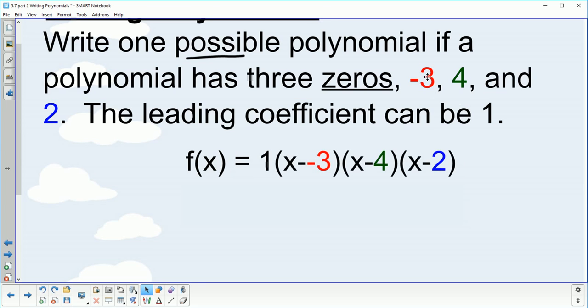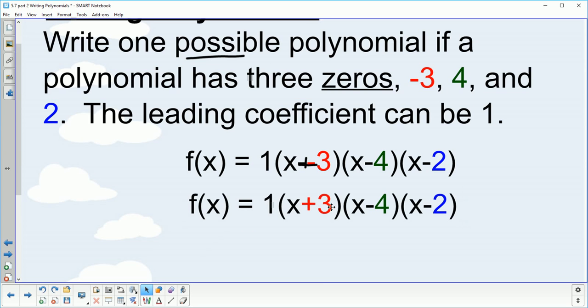And since -3 is a 0, then x minus a -3 is a factor. Since 4 is a 0, x minus 4 is a factor. Since 2 is a 0, x minus 2 is a factor. Now I would just rewrite this, because who wants to have minus a negative? We can make that a plus. So really it's like f of x equals 1 times x plus 3 times x minus 4 times x minus 2.